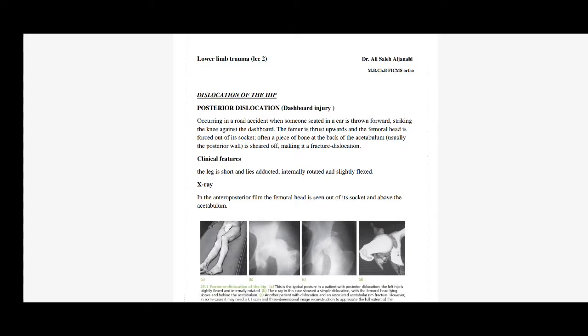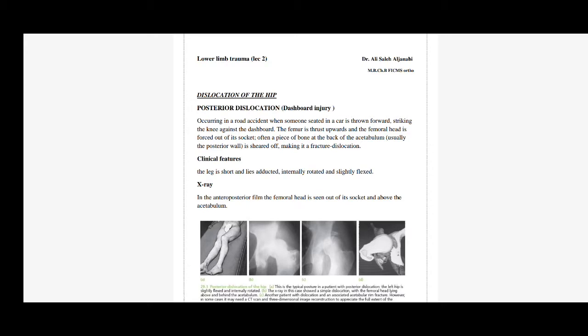This occurs in road traffic accidents when someone seated in the car is thrown forward, striking the knee against the dashboard. The patient is in a sitting position, the knee strikes the dashboard, so the hip is forced out posteriorly, thrusting upward, and the femoral head is forced out of the socket, usually associated with a posterior chip or piece of bone from the back of the acetabulum.